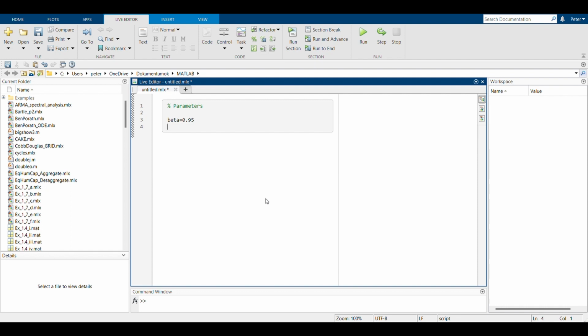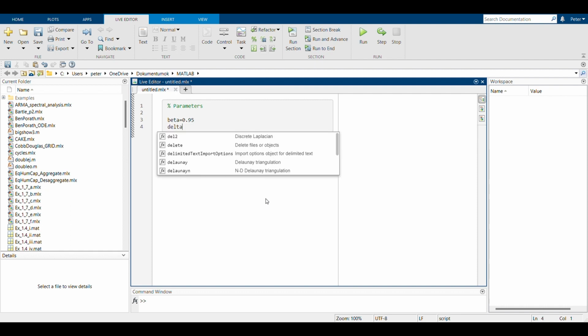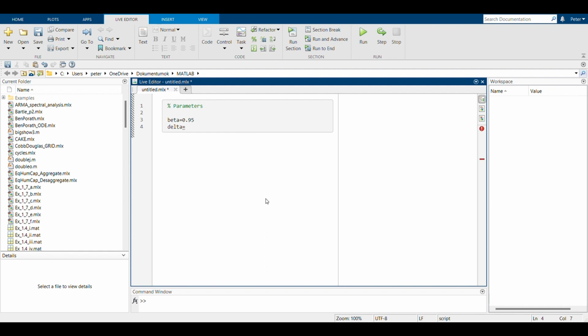Let's choose the usual value. This is the cost parameter, which, no, it's not that. This is the parameter from the law of motion for the labor force. This is the cost parameter, and here come the parameters from the reproduction function of the firm.